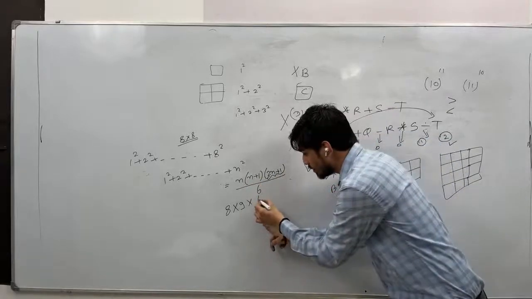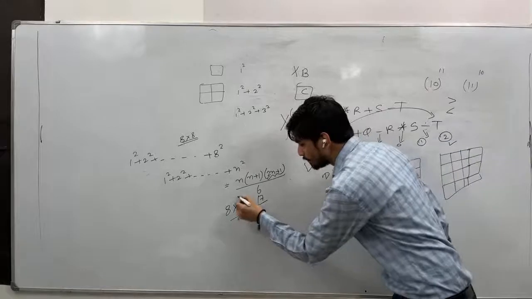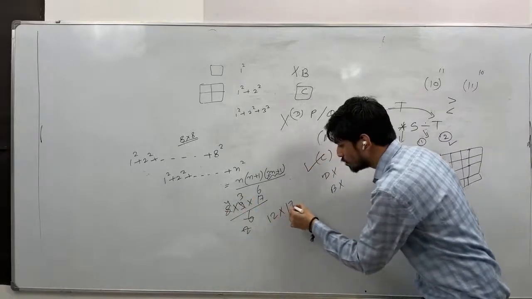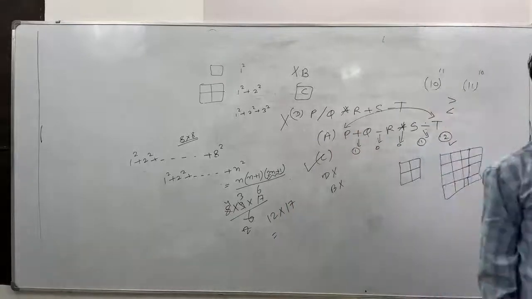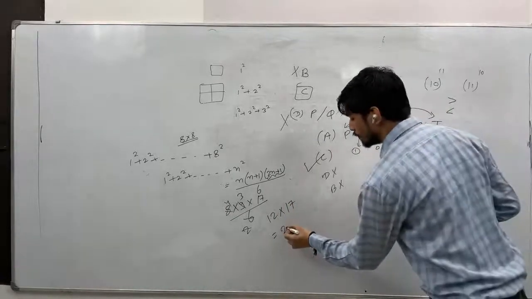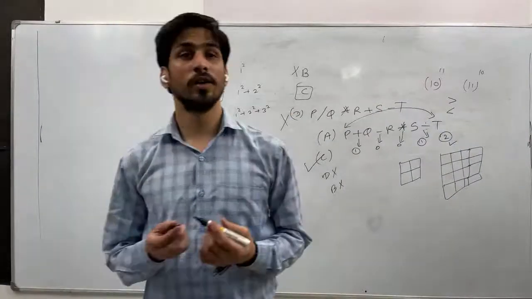So 8 plus 9, 17, by 6. Now you try: 3 2s are 6, 4s are 12, into 17. What should be the answer? 12 into 17. 204, right? 204. So how many squares are there in a chessboard? 204.